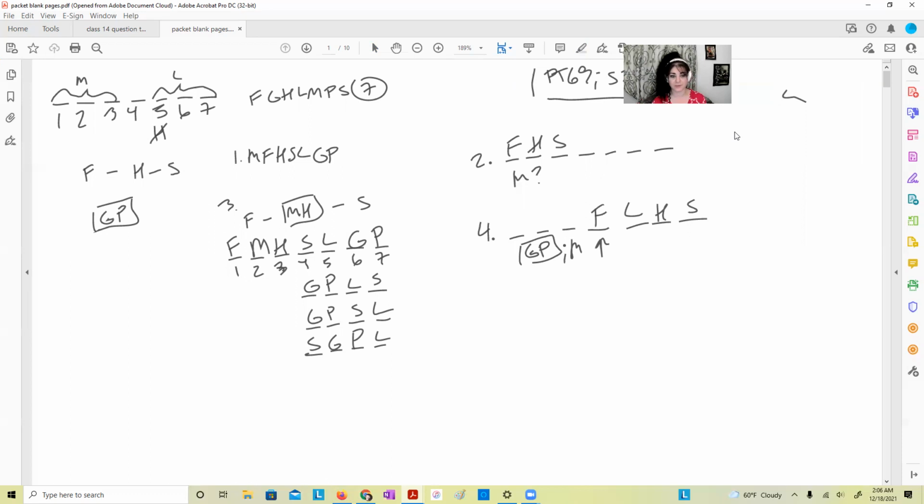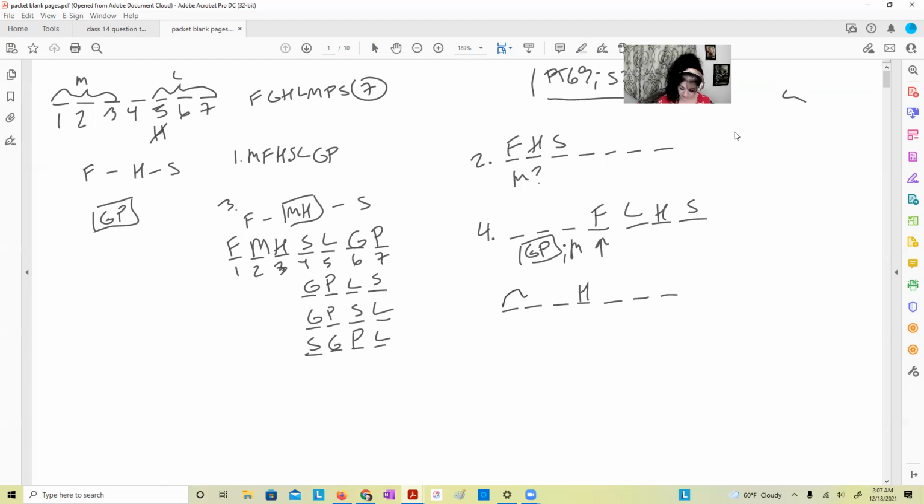And what about C? Could H be fourth? I don't see an example of it. And I think we already tried to put H on 4 in that hypothetical number 5. It didn't work. Let's try it anyway. So H needs to have F go before it.